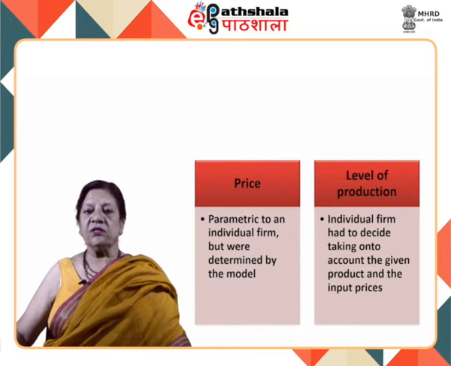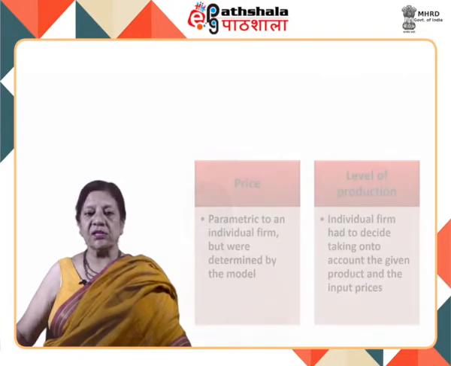The first of these was the price of the product and the prices of the inputs, which were parametric to an individual firm, but were determined by the model. The second was the level of production, which an individual firm had to decide taking into account the given product and the input prices.